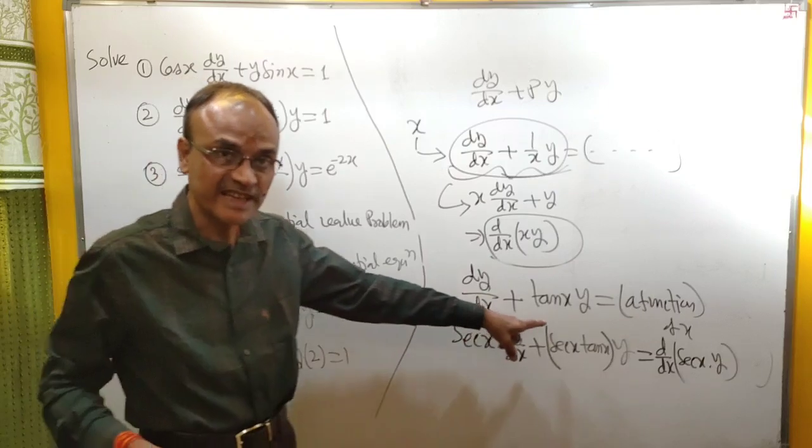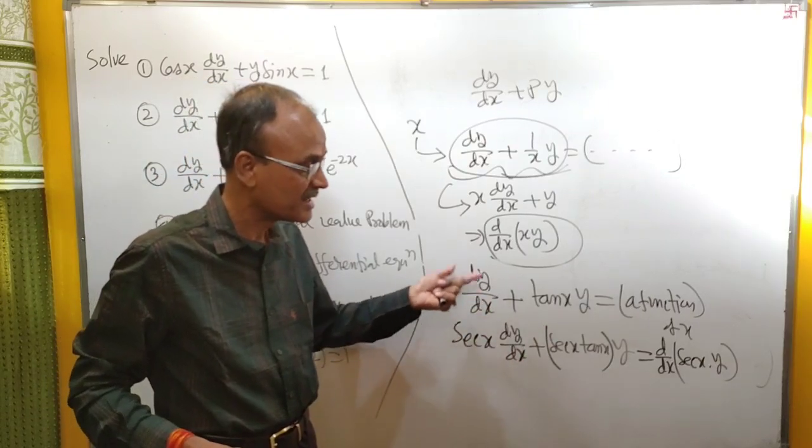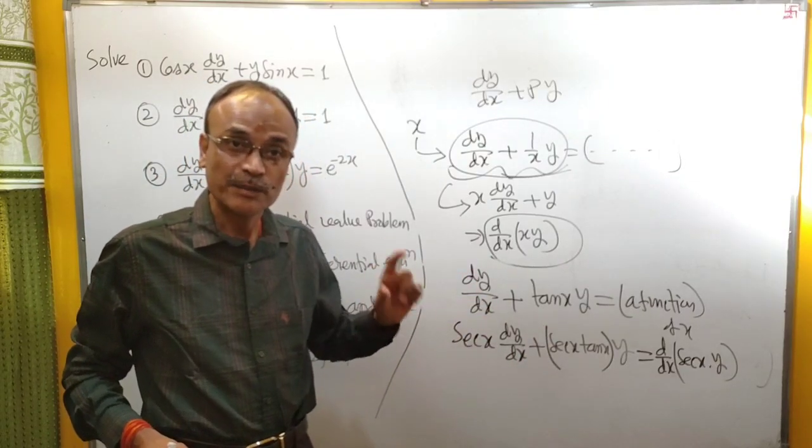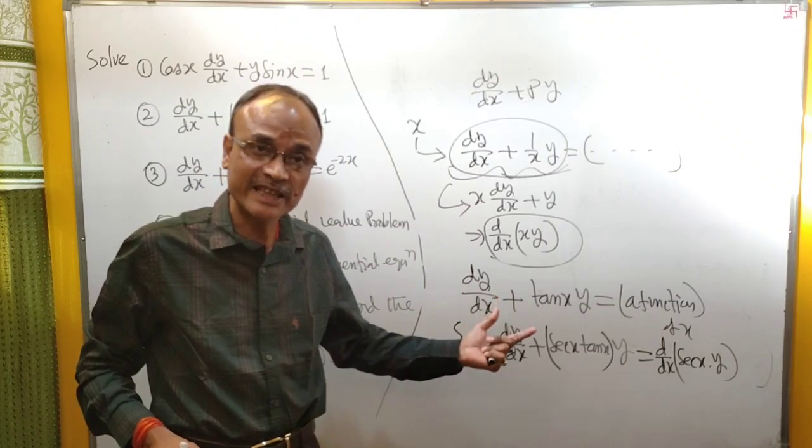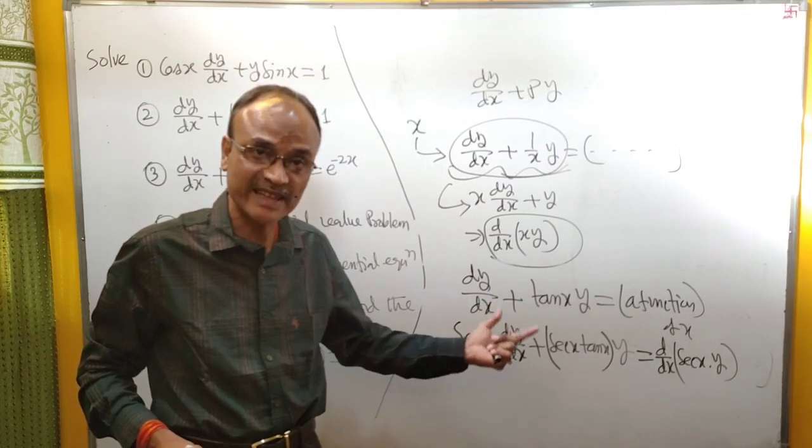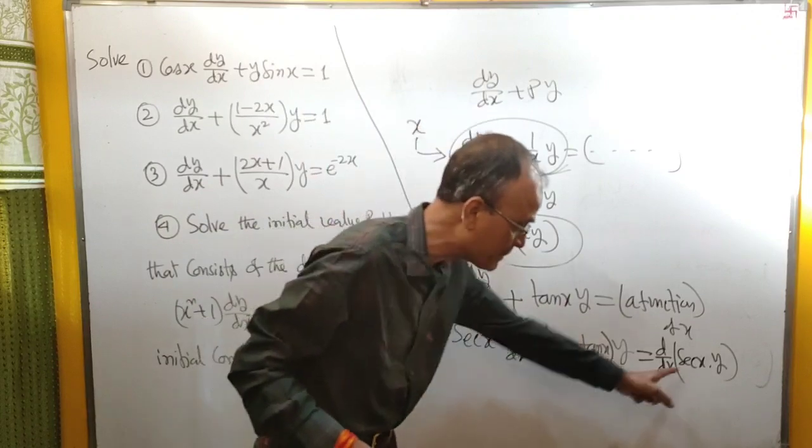Means in this case, sec x is the integrating factor. Because if you multiply this differential equation by sec x, then the left hand side becomes a perfect differential.